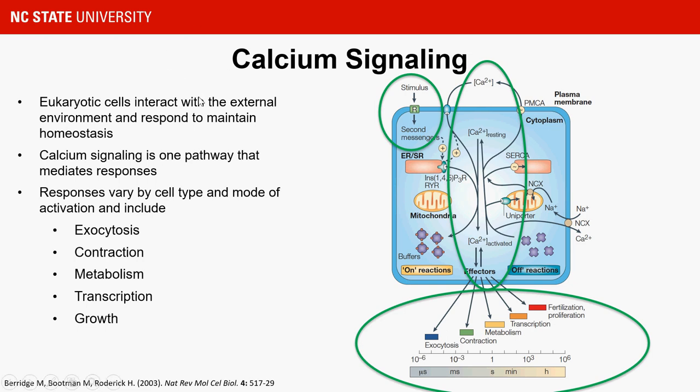In our first lecture, we already introduced that calcium signaling can mediate a lot of responses, including exocytosis and muscle contraction, and can influence metabolism, gene transcription, and cell growth.